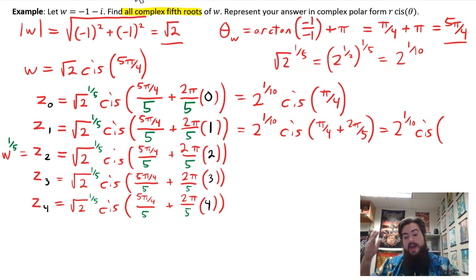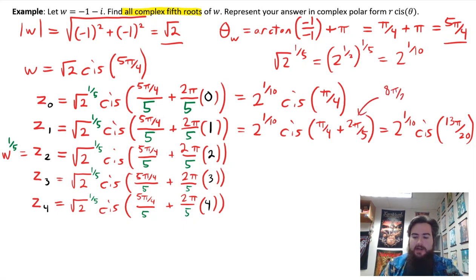That would be 5 pi 20ths plus 8 pi 20ths is 13 pi 20ths. Note that when I figured out what I'm going to be adding in terms of 20ths, that this is 8 pi 20ths, that means all my other answers are just going to be adding another instance of 8 pi 20ths, or 2 pi fifths.